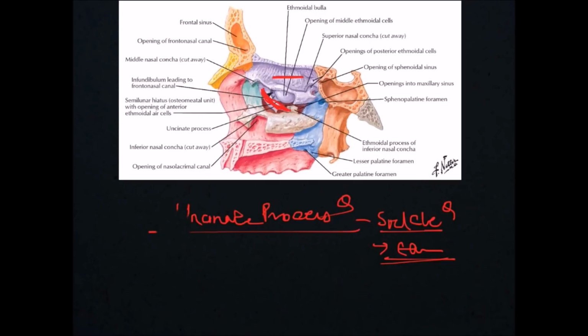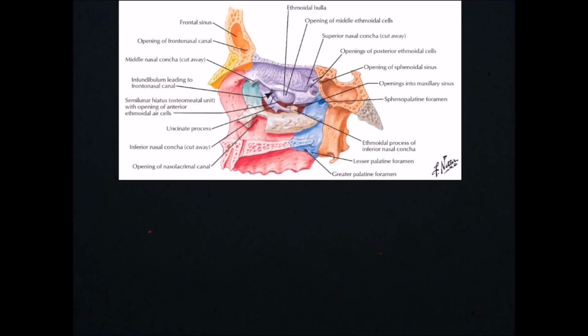Now, if the mucosa runs above the bulla ethmoides, and below there is the uncinate process, the mucosa runs over like this, goes like this, and comes and runs over the uncinate process.